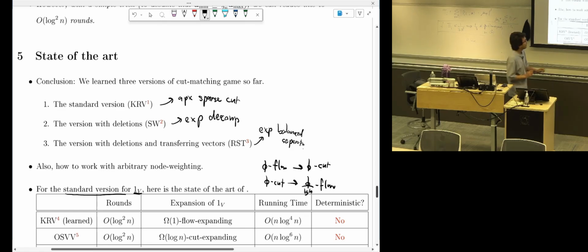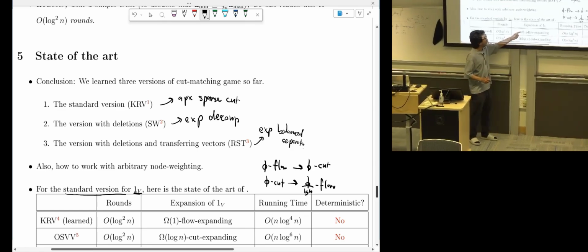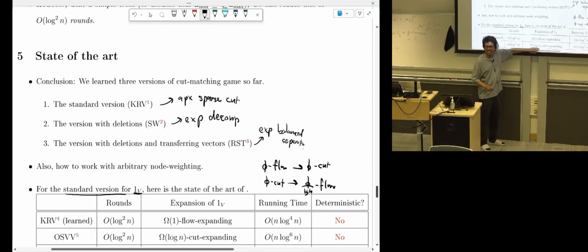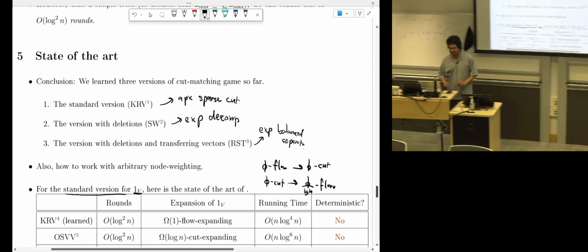So this only implies O(1) cut expanding. So note that this is more than one, right? And it's possible because the degree of the graph is more than one. Yeah, make sense?